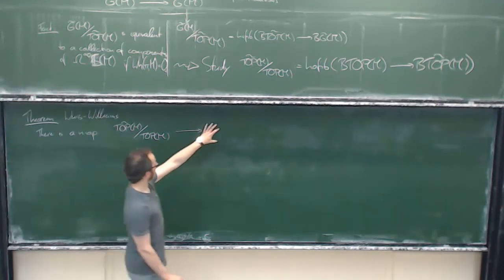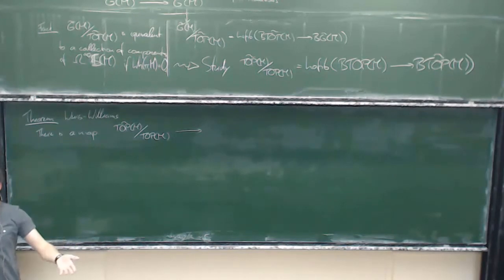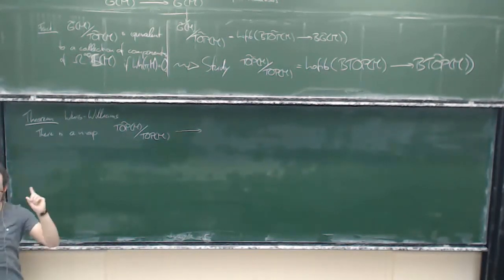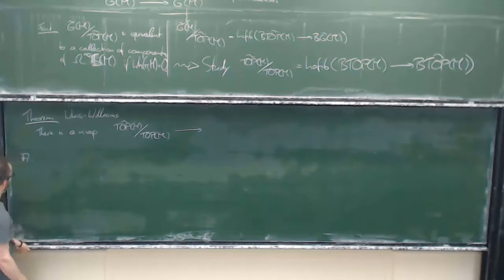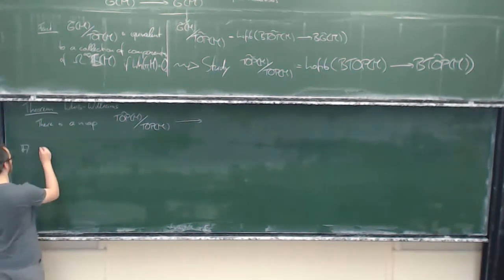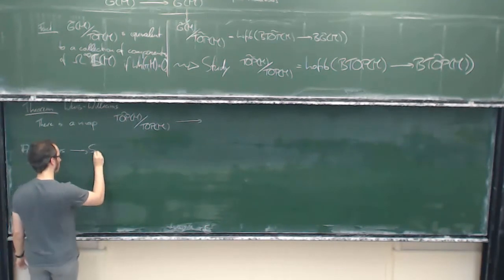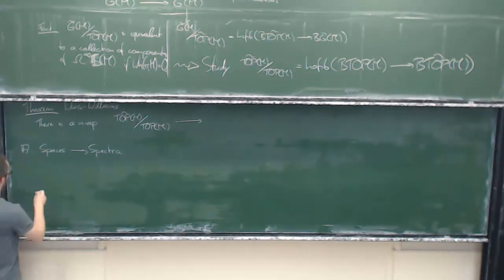So the target of this map will be defined in terms, again, of a certain assembly map, but it's none of the two that we already had, but there's yet another assembly map that we need to study. There's a functor A from spaces to spectra, which is originally due to Waldhausen, which you can think of as doing the following.